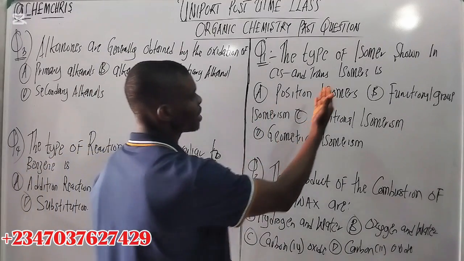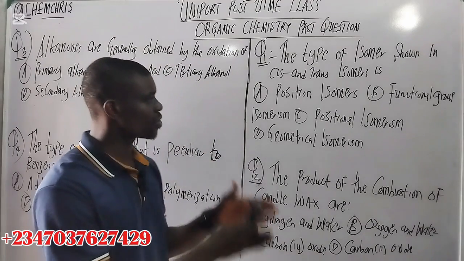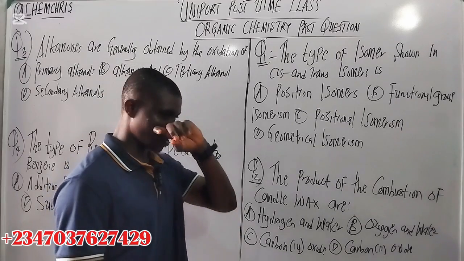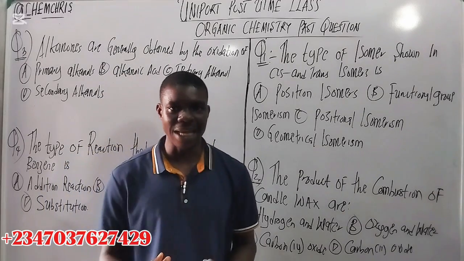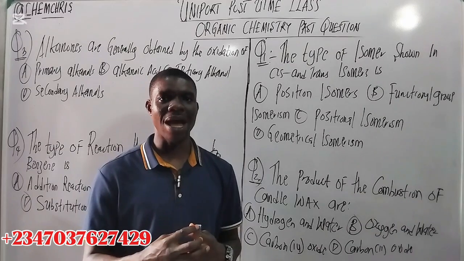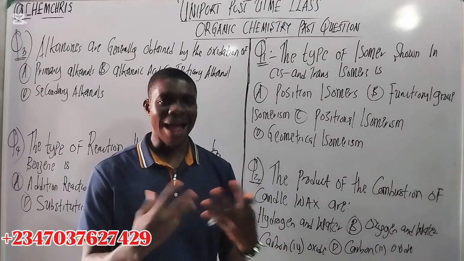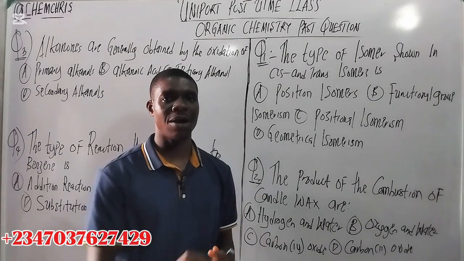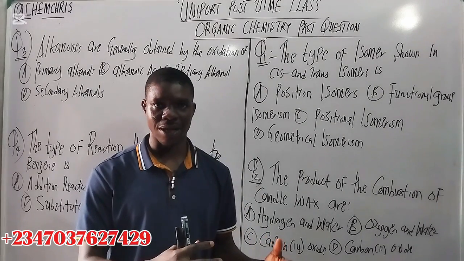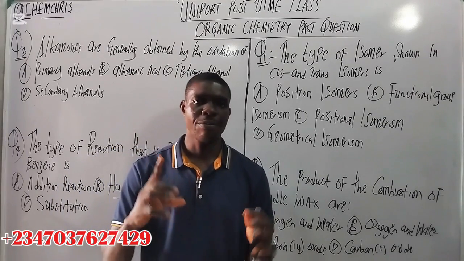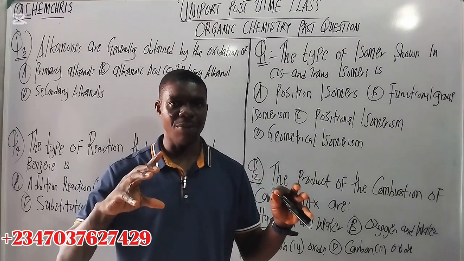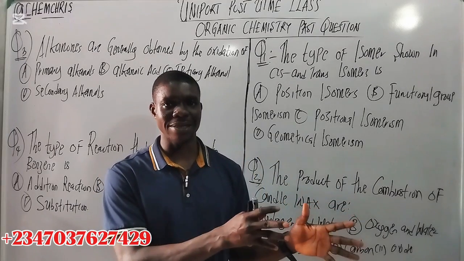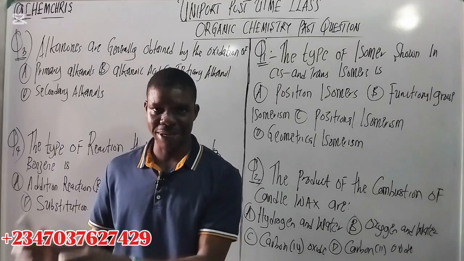Now, the type of isomers shown in cis and trans isomers is dash. Remember, when it comes to organic chemistry, we have isomerism. Isomerism is a phenomenon whereby 2 or more compounds have the same molecular formula but different structural formula. There are 2 main types of isomerism: structural isomerism and stereoisomerism.